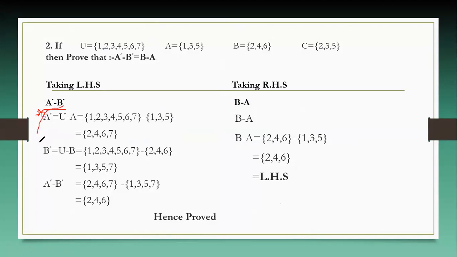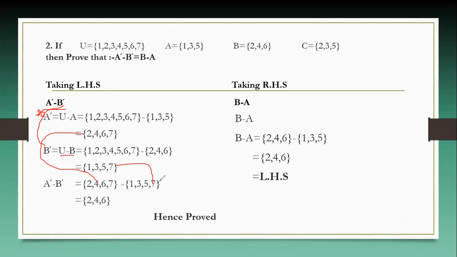Then find B dash, that is U minus B, step number 2. Then to find A dash minus B dash, write down the answer of A dash here, write down the answer of B dash here, and just subtract it.